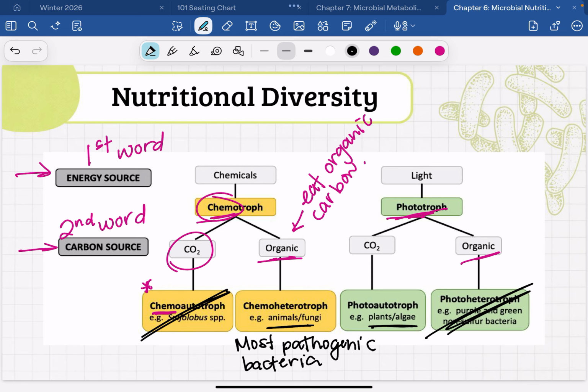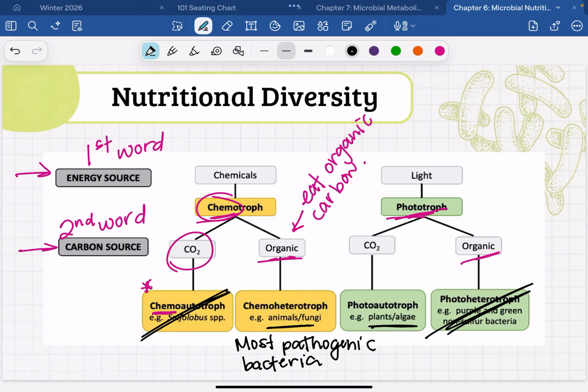No, it's not, okay? They're living inside of our body because they're consuming us. They are eating the things that are inside of our body. They are taking energy and carbon from our cells. That's why they're living in there, and that's why they cause us to be sick. So it should kind of make sense that they're chemoheterotrophs because they have to get their energy from us.